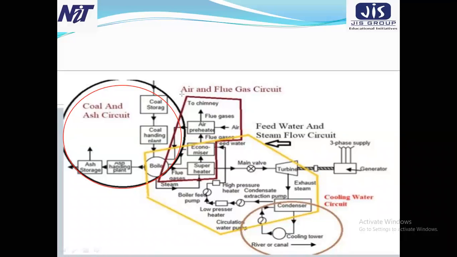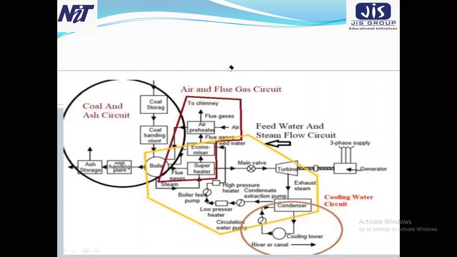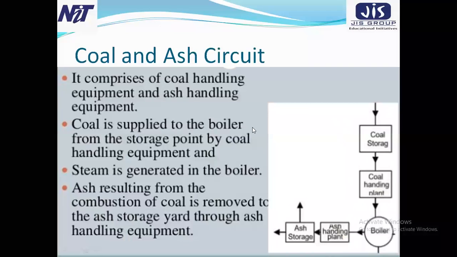Now this part is the feed water and steam flow circuit, and finally the cooling water circuit, the lower circular part. So today I will discuss these 4 main and major parts of the steam power station. So first let me talk about the coal and ash circuit.